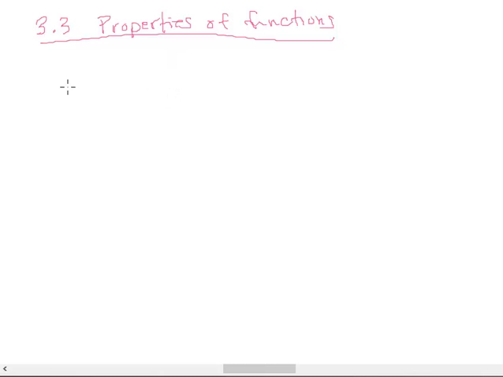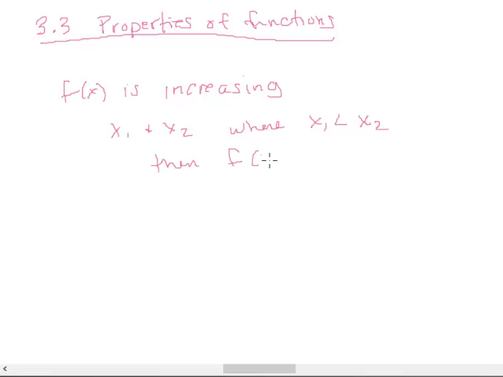A function f of x is increasing on an open interval if for any x1 and x2 in the interval where x1 is less than x2, then f of x1 is less than f of x2.